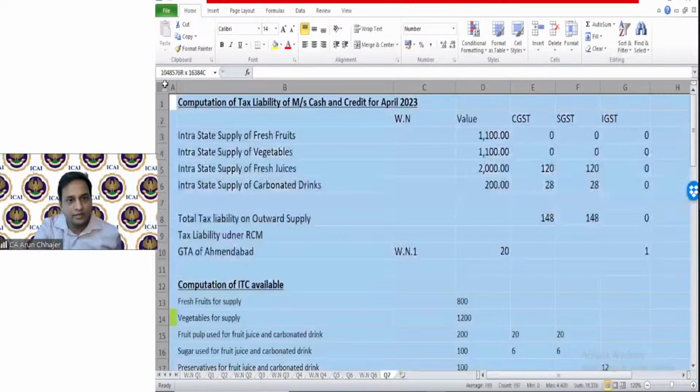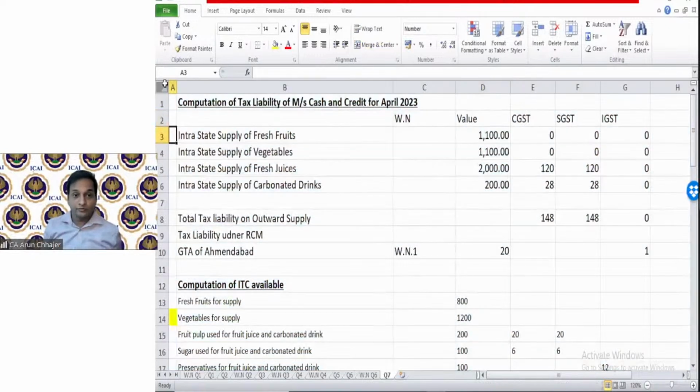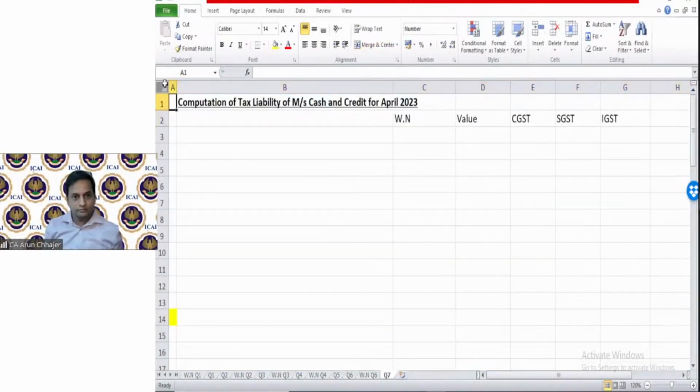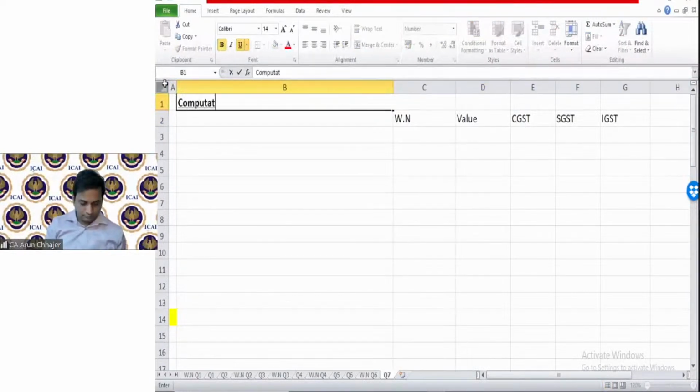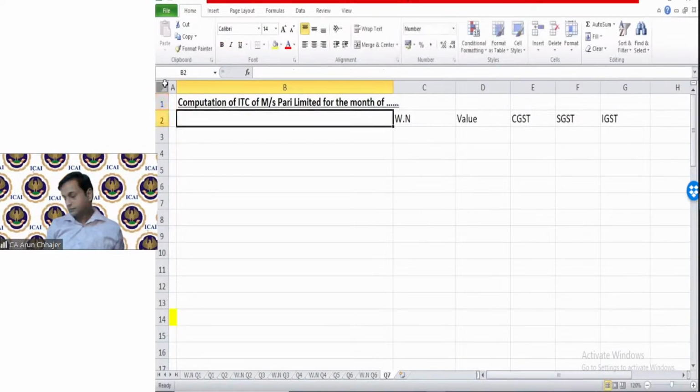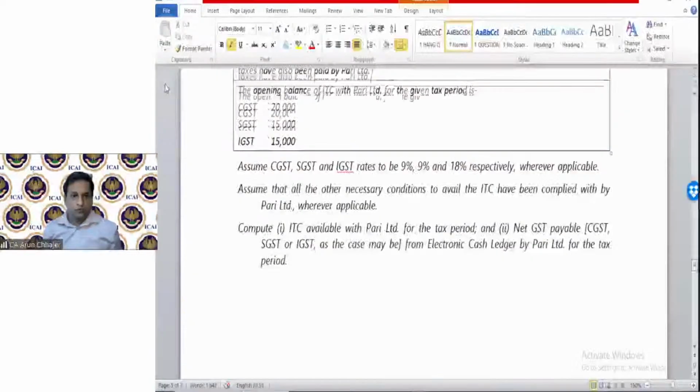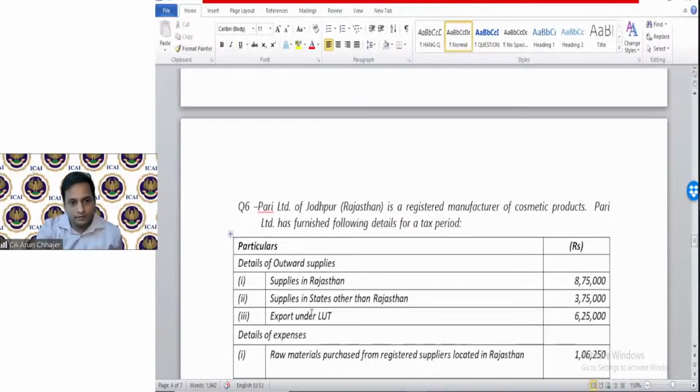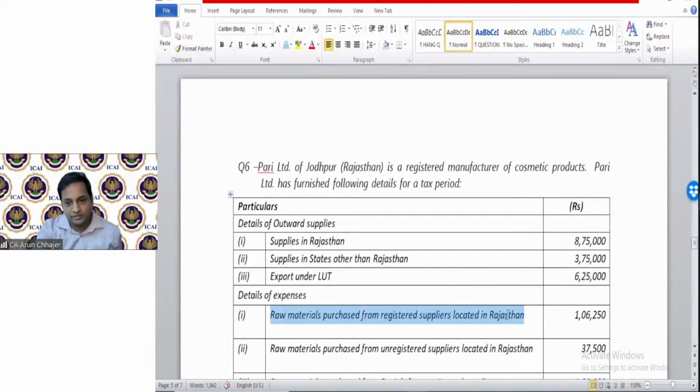First we will do the computation of ITC, right? Okay, let me complete first.